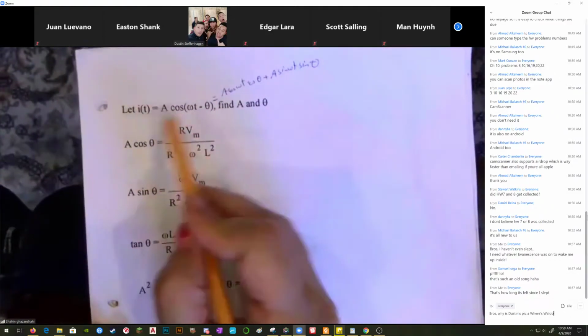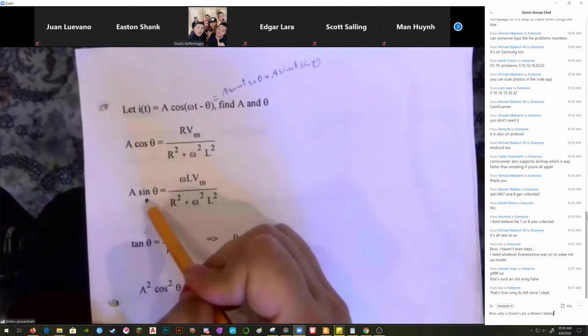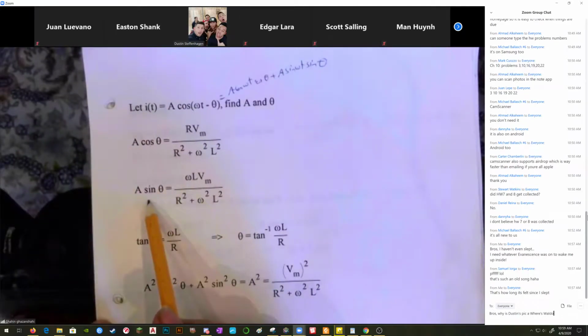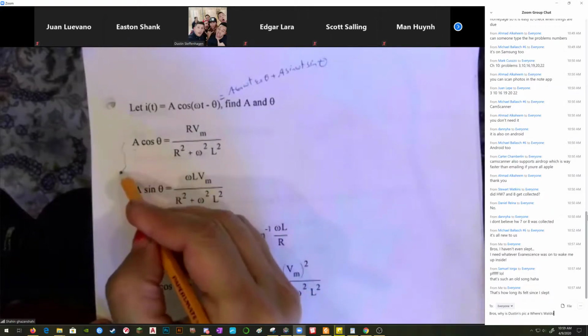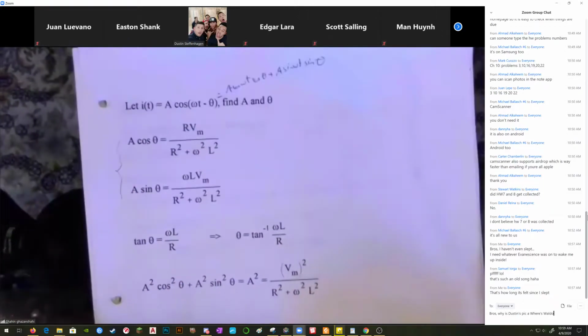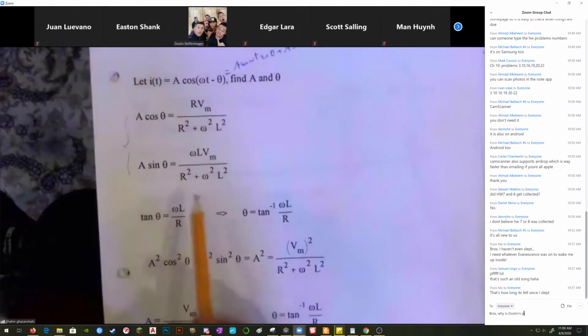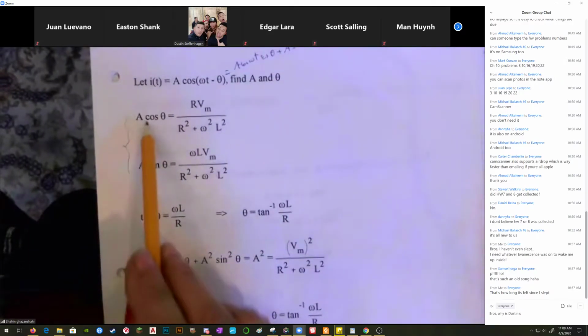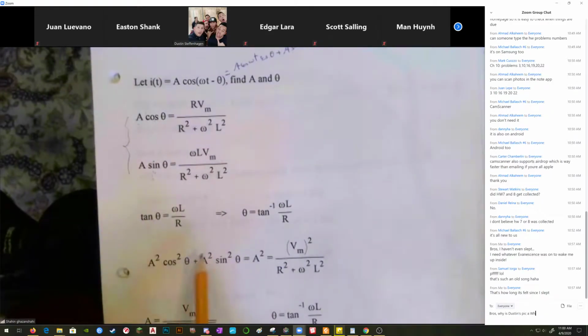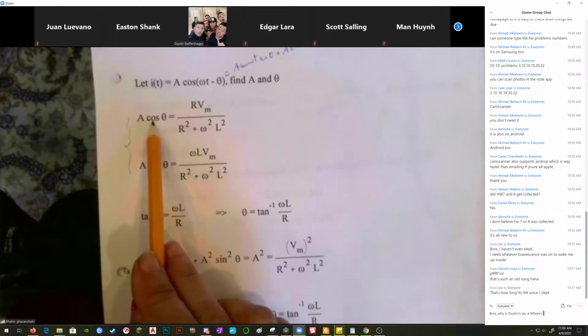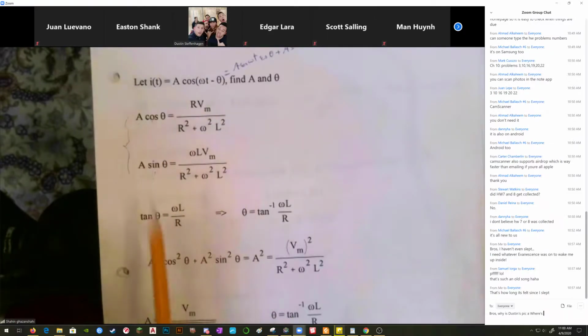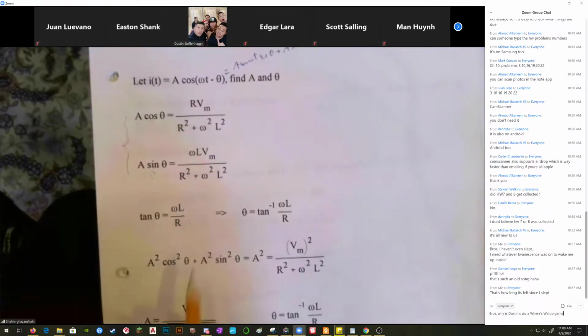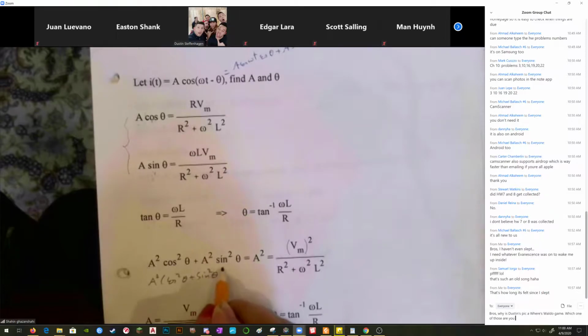Okay, so when I equate them, you come up with these two equations, and I need to find A and theta. How do we get A? You can square both sides and add them. When I square both sides of these equations and add them, and I factor A square, your cosine square plus sine square is equal to what? 1.